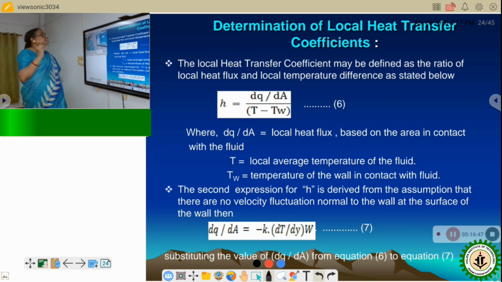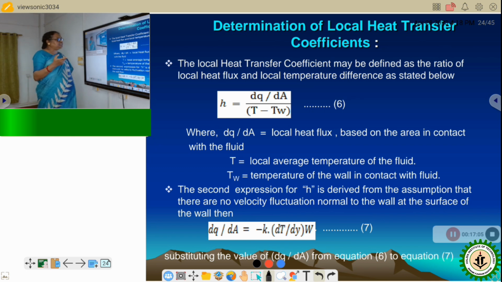Next, the determination of the local heat transfer coefficients, that is the small hi and small ho. The local heat transfer coefficient may be defined as the ratio of the local heat flux and the temperature difference, as stated in equation number 6.